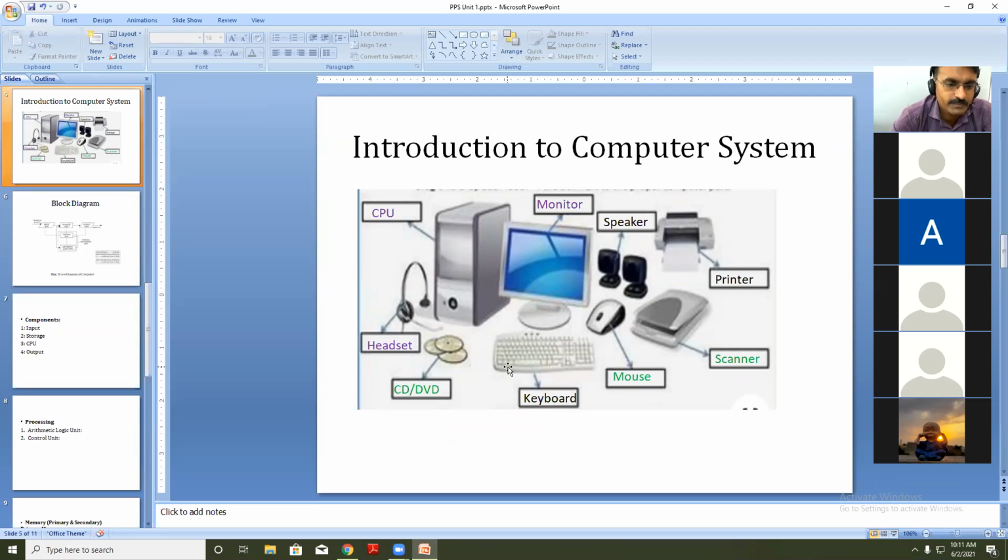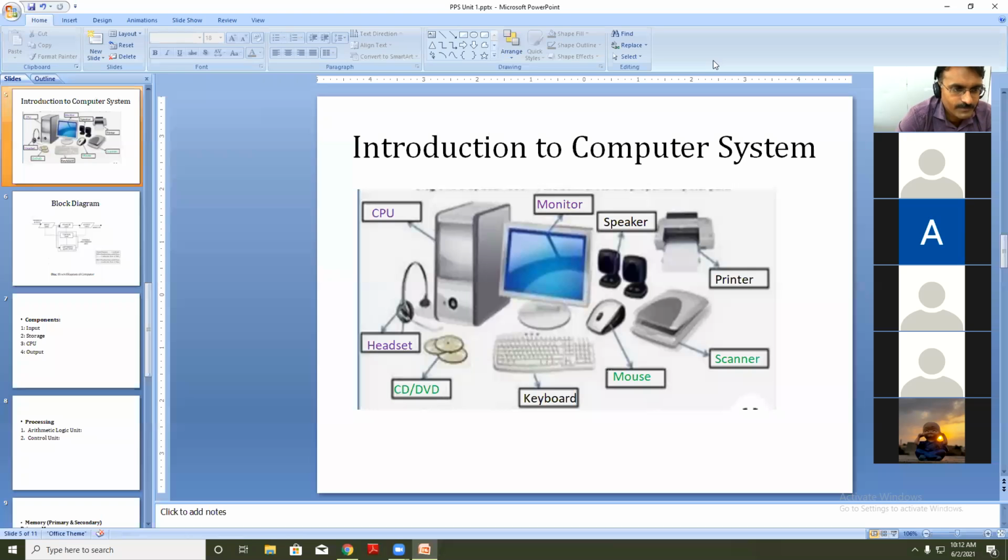Now, can anybody define what a computer is? Can anybody try to define what a computer system is? Yes, a combination of components.